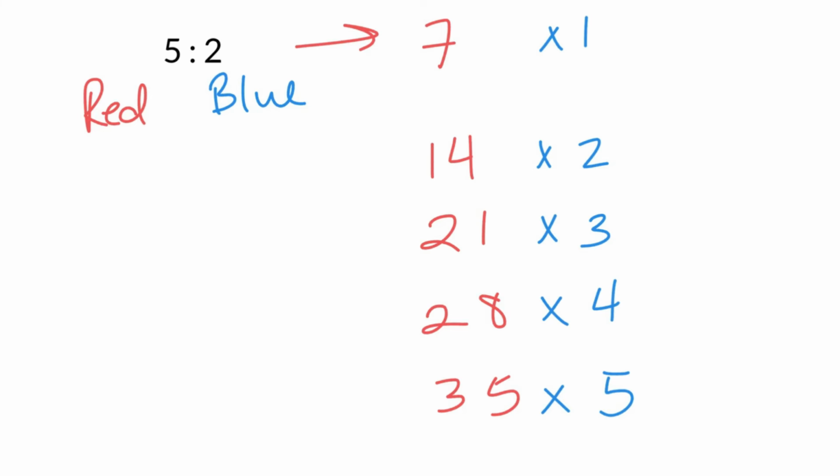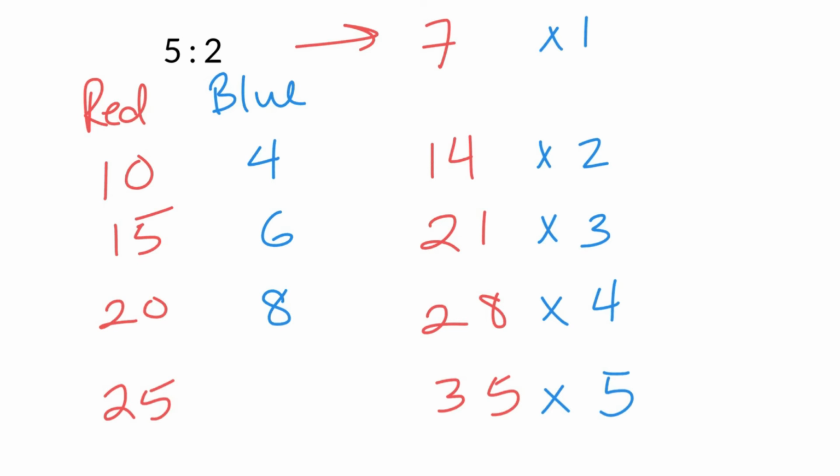So the numbers that I could have for red then could be 10, 15, 20, and 25. And the numbers that I could have for blue could be 2, 4, 6, 8, and 10.